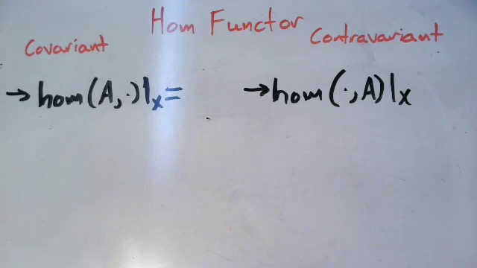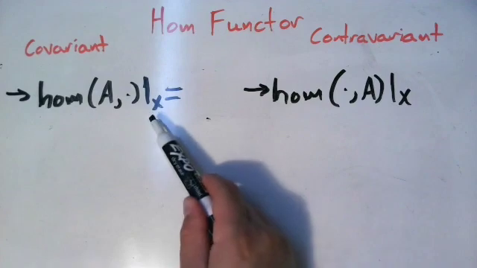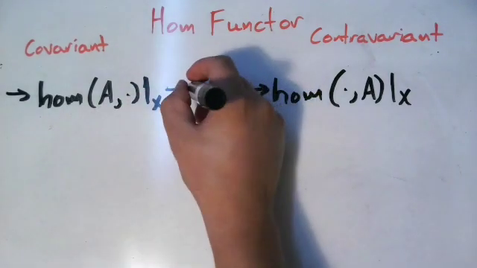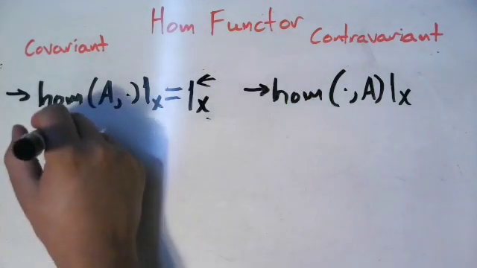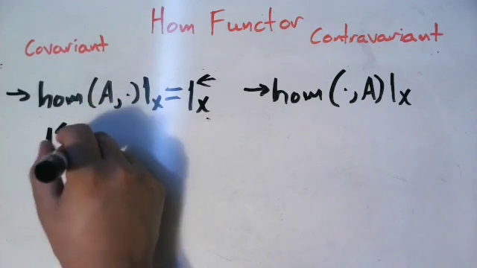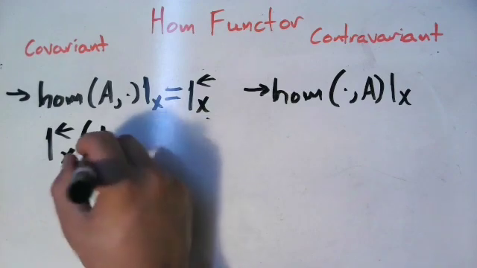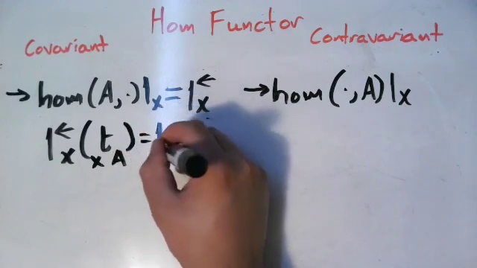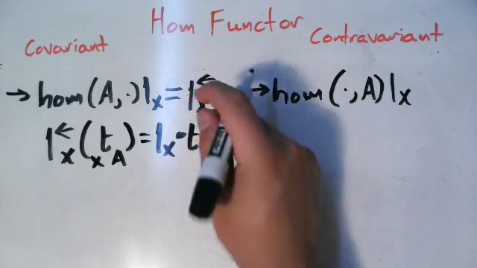So first we need to show that they map identities to identities. So if we apply hom(A, -) to the identity morphism on x, we get 1x followed by, but 1x followed by applied to some t from A to X will be 1x composed with t, which of course is just t.